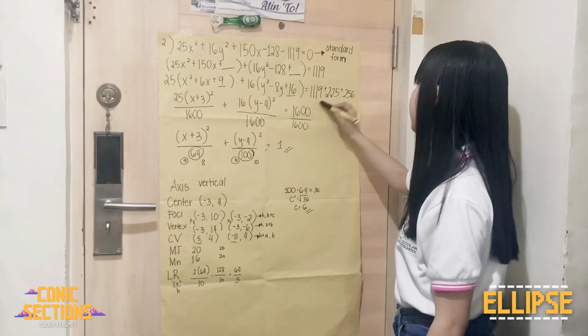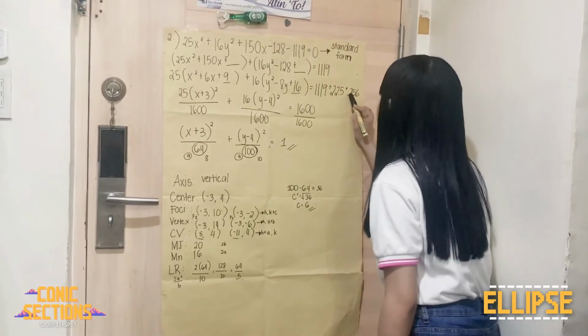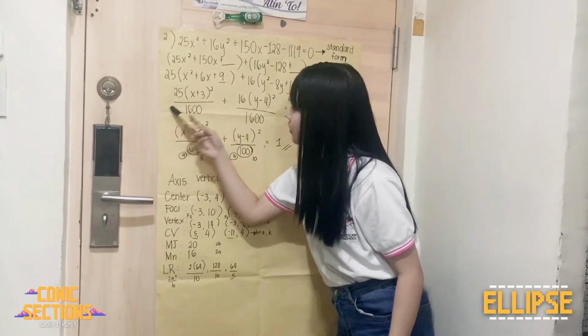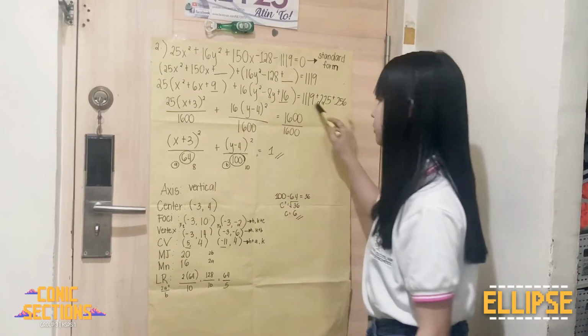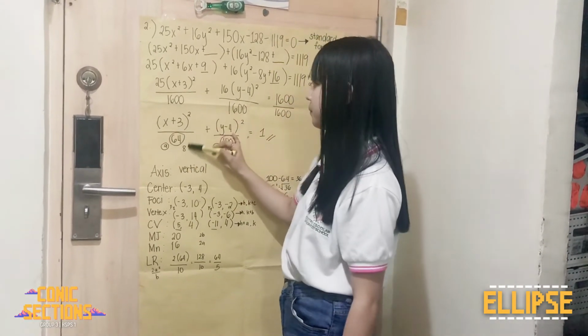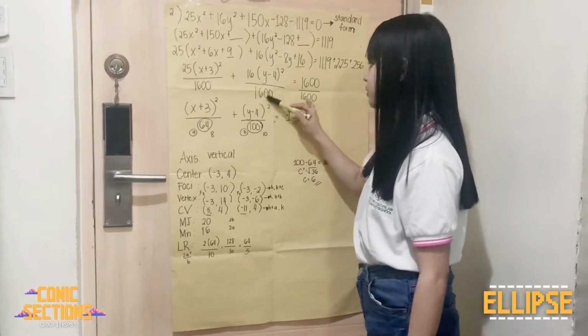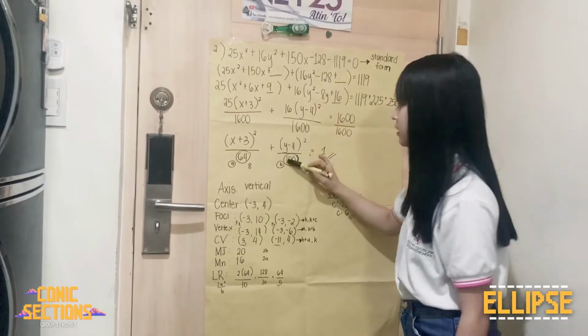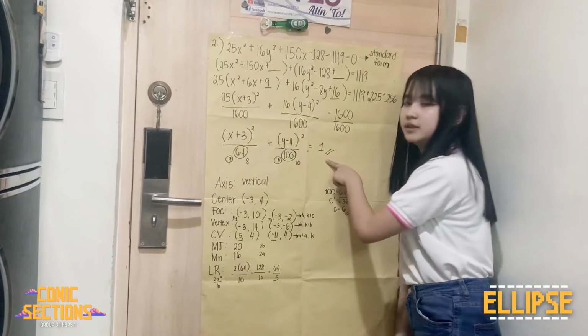Since we have 119 plus 225 plus 256, we get 1,600. We have to divide everything by 1,600 to cancel it out. So x plus 3 squared over 64, plus y minus 4 squared over 1,600 divided by 16, which is 100, equals 1.